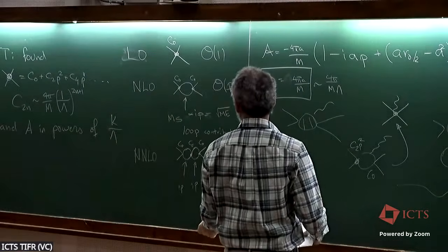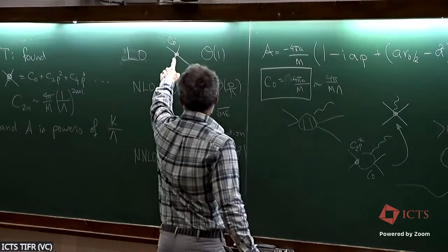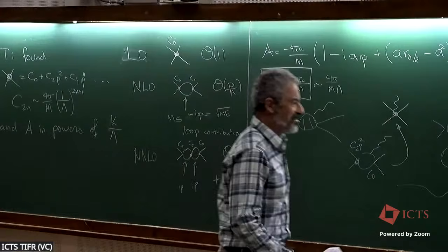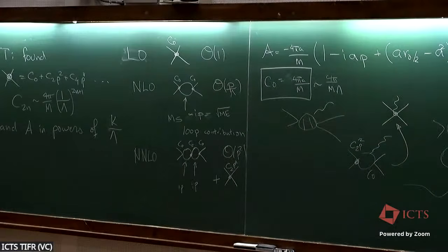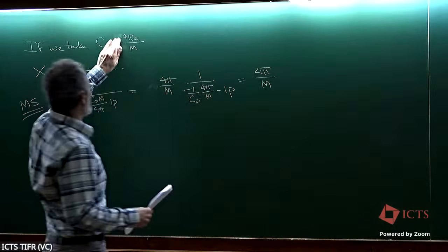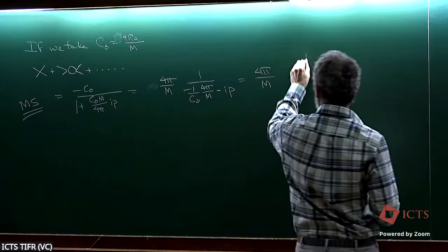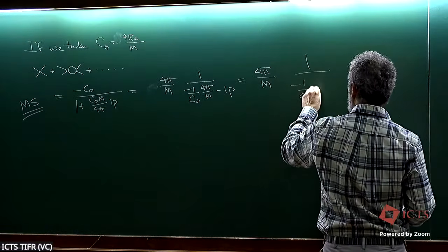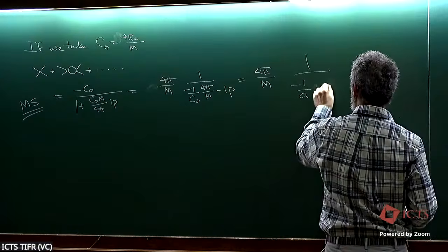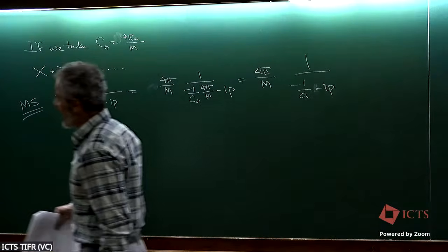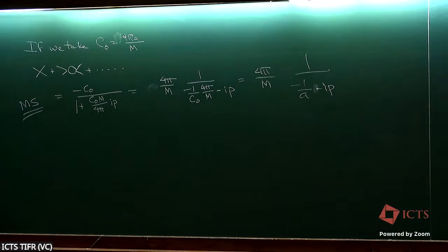And that's because the leading term gives you a minus C naught. So there shouldn't be a minus sign here. And then this is equal to 4 pi over M minus 1 over A plus minus IP. And so we see this is exactly what we call A sub minus 1.